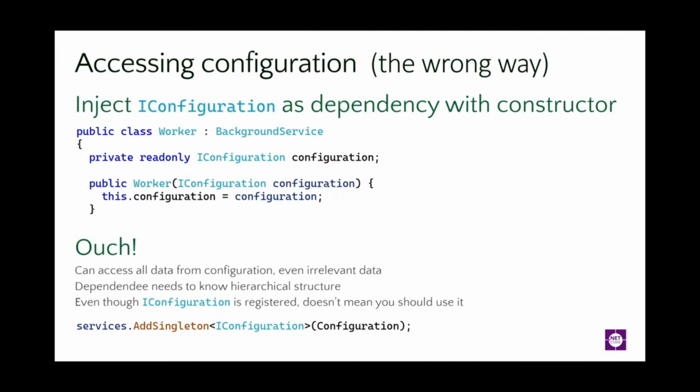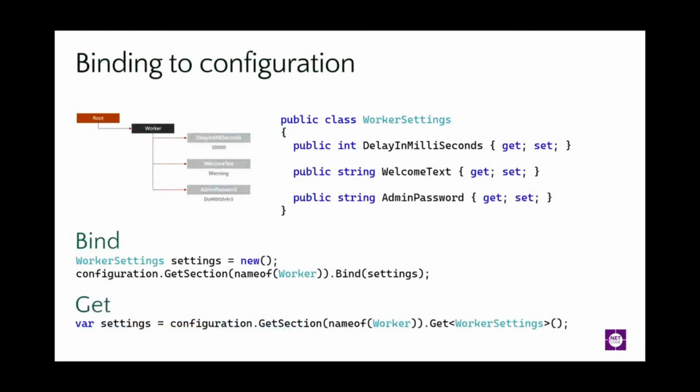So even though behind the scenes this is done by the framework itself as a singleton IConfiguration, so you could inject it anywhere, be very careful doing so. It's much better to do binding. And in binding you will say, okay, we've got 3 values, so let's define a holder of those values. We'll start out with a class with 3 properties that are the integer, the string, and the secret stuff.